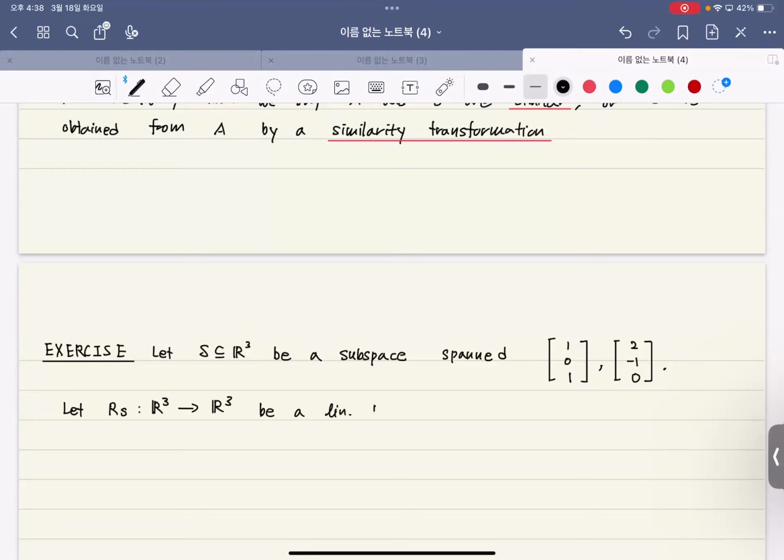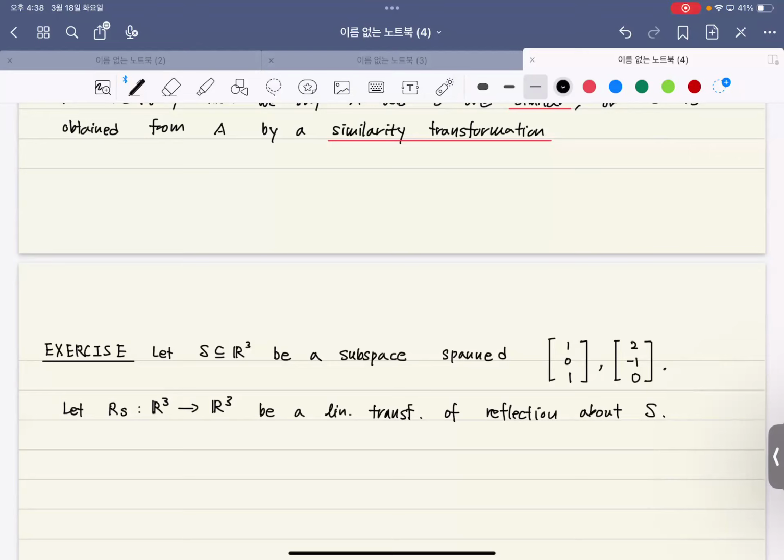This is a linear transformation of reflection about S. This is my picture: I have R3, three-dimensional space, and some randomly chosen two-dimensional plane. Since I have chosen these two vectors, they are completely arbitrary, so I have a completely arbitrary two-dimensional plane here.